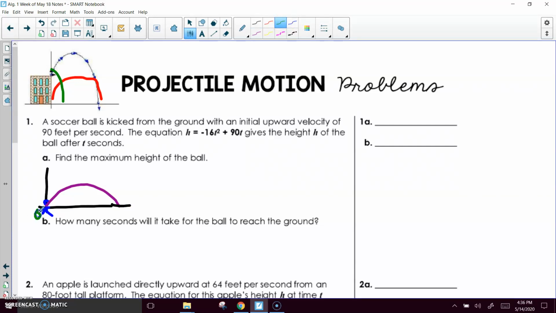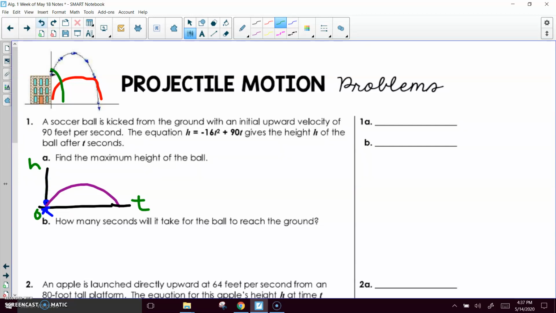Like I said, my starting point is 0, 0. My x-axis, those are my t values. That's time, so these are seconds that the ball is in the air. The y-axis, that's h, that's height. That's the height of the ball in feet at a certain time.